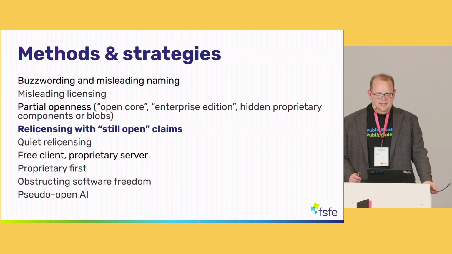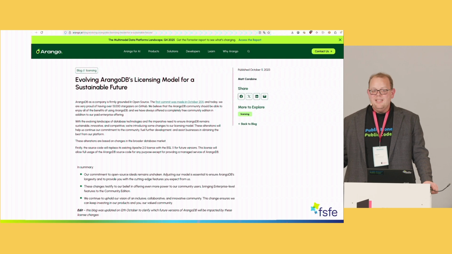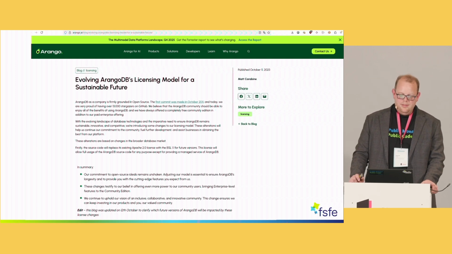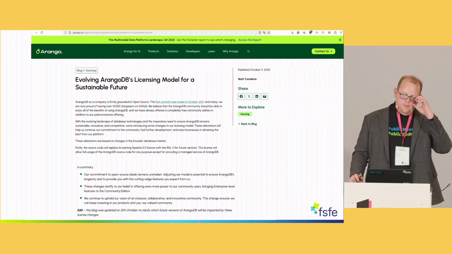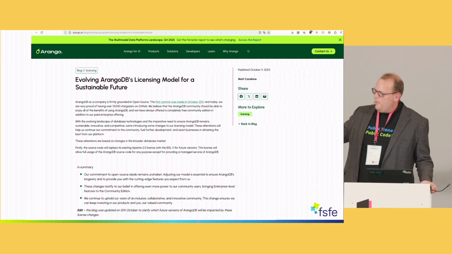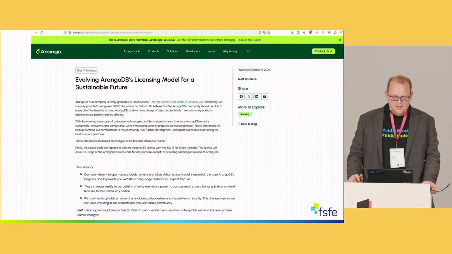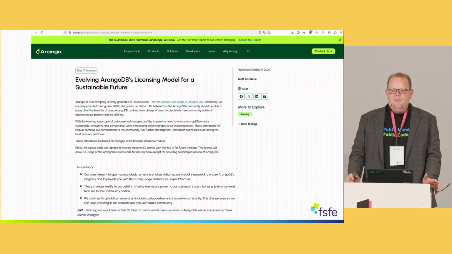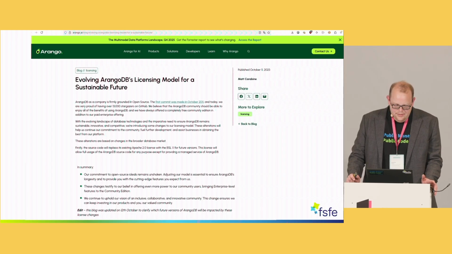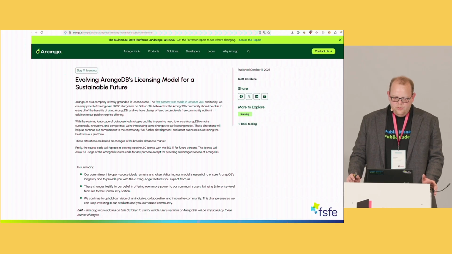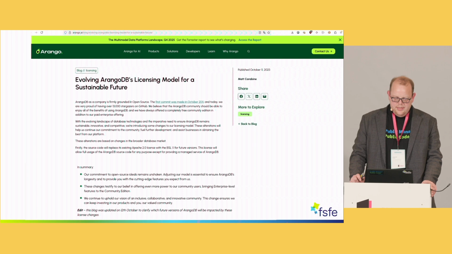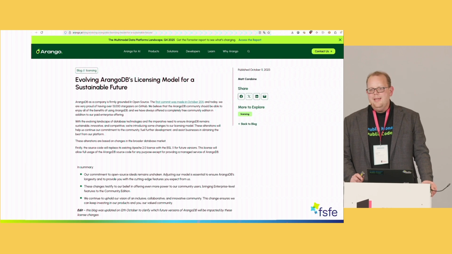And there are also actual examples. This is from now. This is Arango, a German company. They released in 2023 a blog post on the website, of which you can see some excerpts here, telling the public that they will switch to a proprietary license, but still saying ArangoDB is a company firmly grounded in open source, and below in the summary part, "Our commitment to open source ideals remains unshaken."